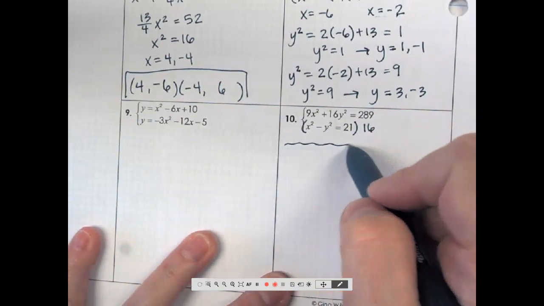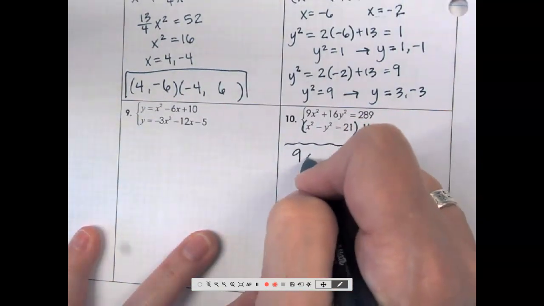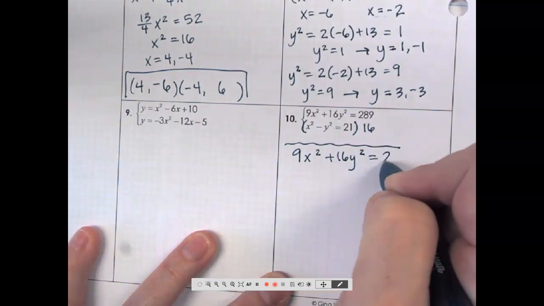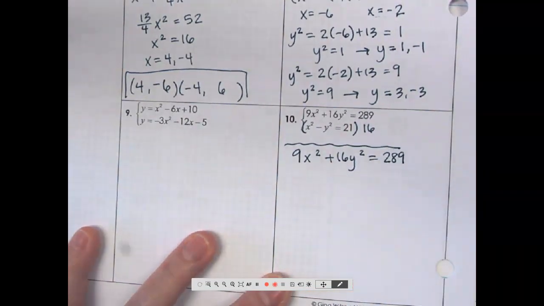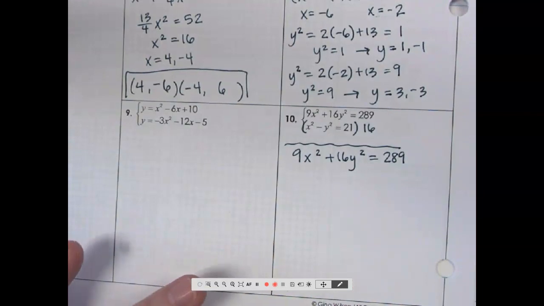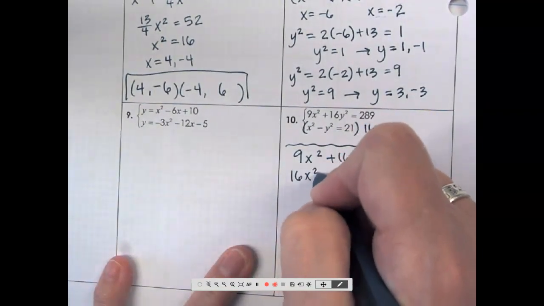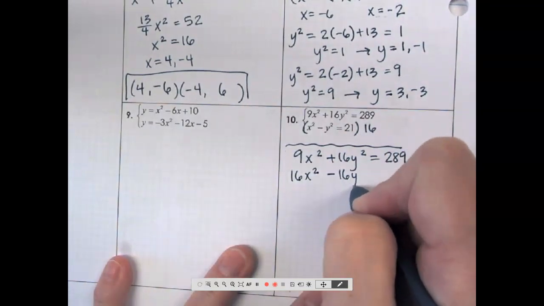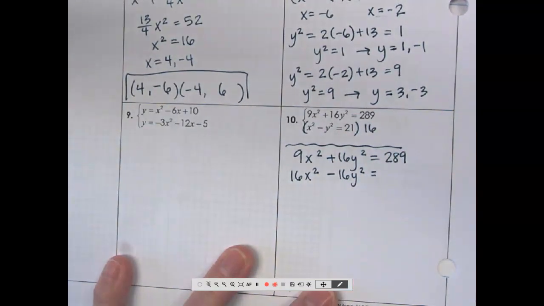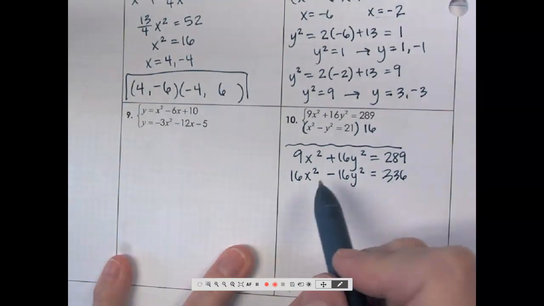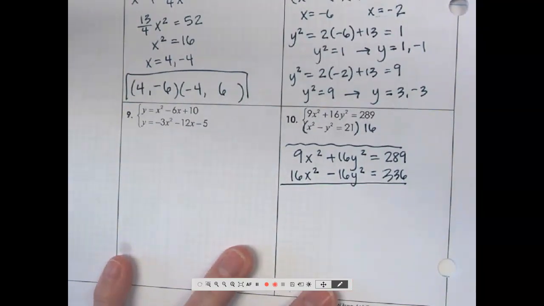Okay, so top equation doesn't change. And you could use substitution also. On the bottom, I have 16x squared minus 16y squared equals 336. And I'm going to add.